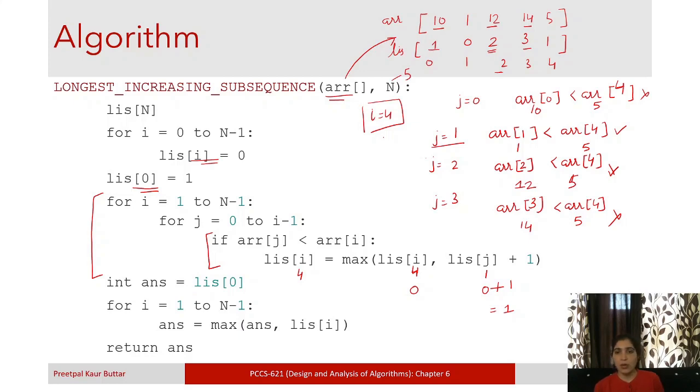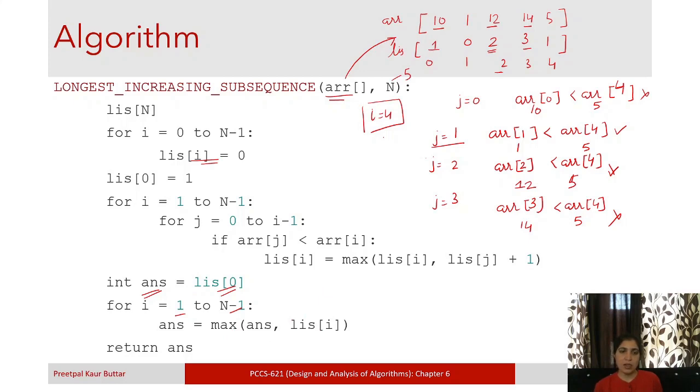And now let us see what is the answer. What is the length of the longest increasing subsequence? So for that we have to find the maximum value in this array. So we set the maximum value at index 0, and then from index 1 to n minus 1 we will compare this maximum value with the other values and change if we find any other value which is greater than this.